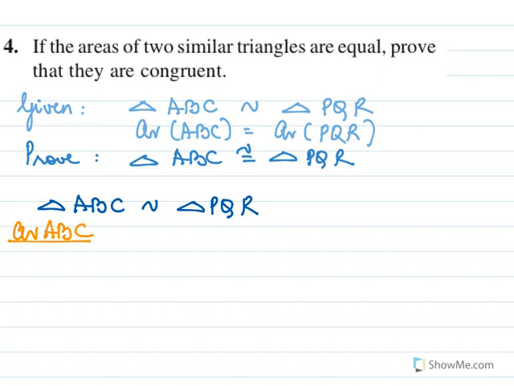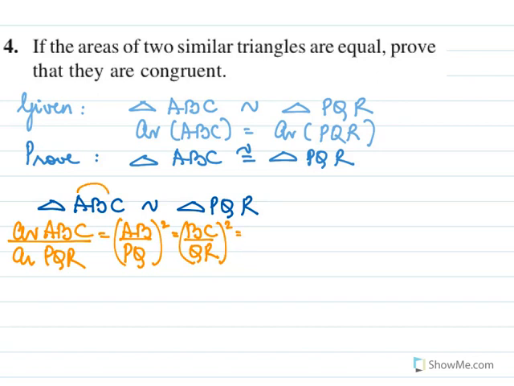That means area ABC over area PQR equal to AB over PQ the whole square, equal to BC over QR the whole square, equal to AC over PR the whole square. This is the property of similar triangles.